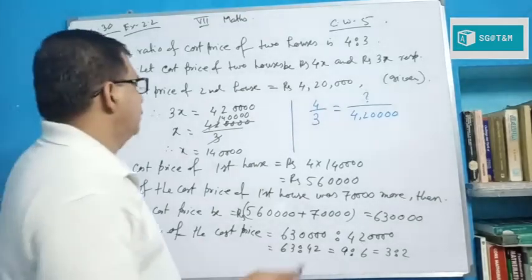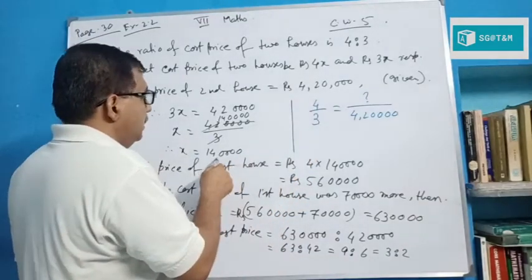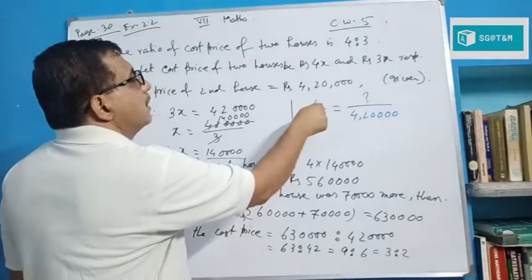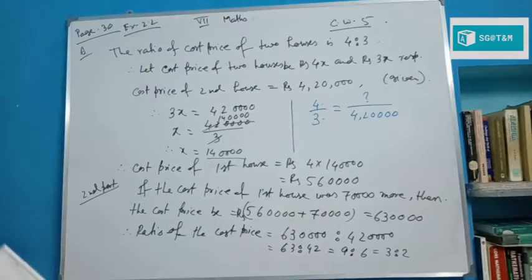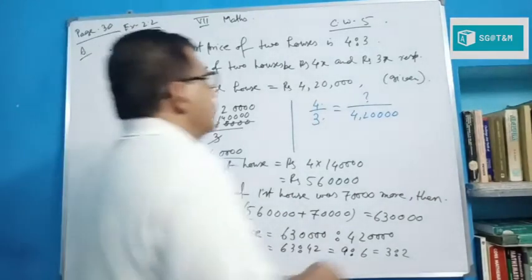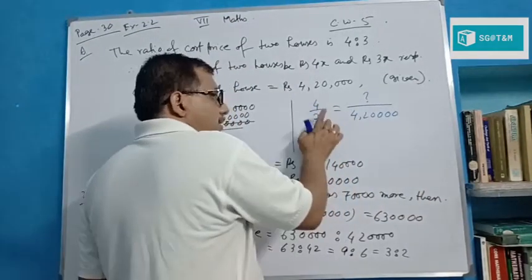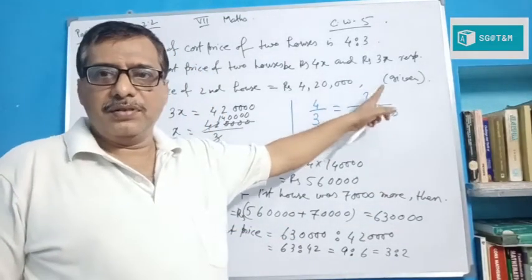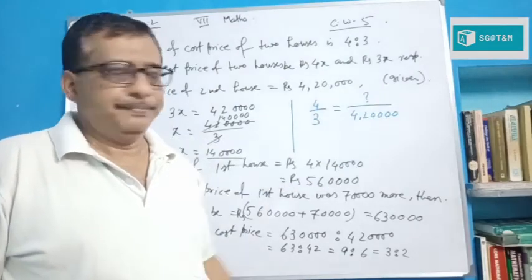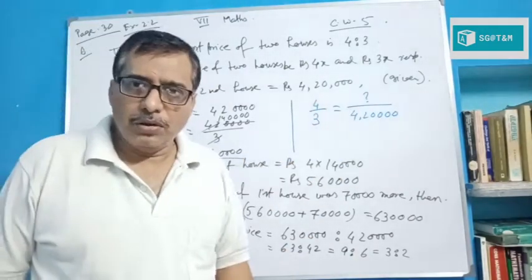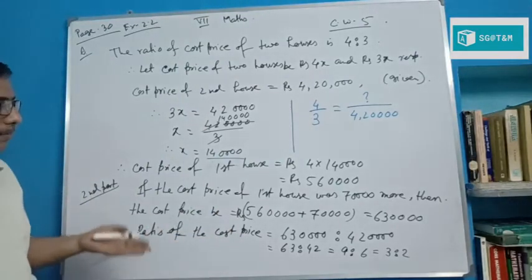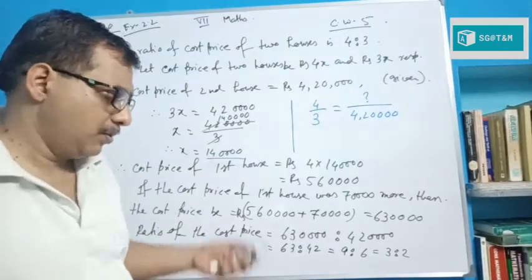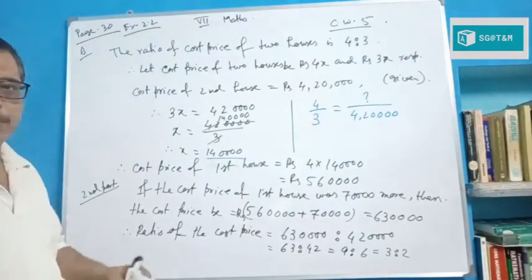If we multiply both numerator and denominator by 1,40,000, then we get this portion also. 4 by 3 is the ratio. We have to convert this ratio and find the cost price of the first house. If you do it by arithmetic or use algebra, no problem at all. Both are correct. You read algebra from class 6, so no problem if you use the algebraic method.